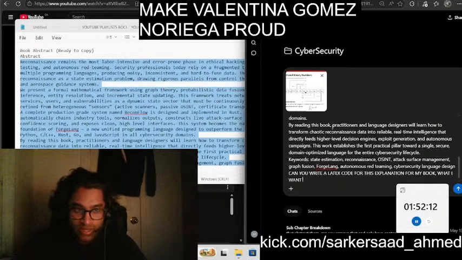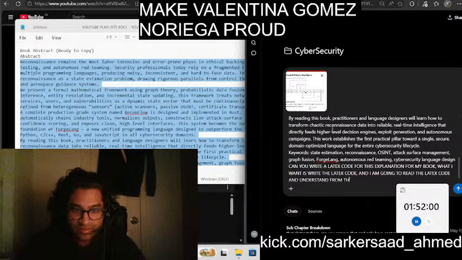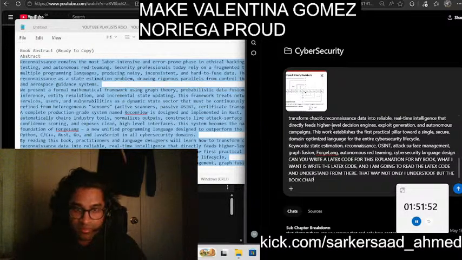So what I want is, write the LaTeX code, and I am going to read the LaTeX code and understand from there. That way, not only I understood, but the book chapter will also be finished simultaneously.